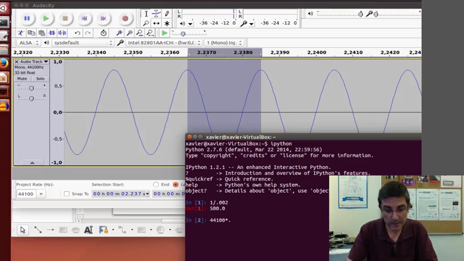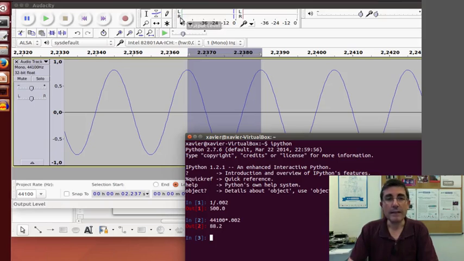So we multiply it by 0.002, and it gives me 88.2, which is the number of samples of a period. Of course, it should be an integer number, so I guess it's going to be 88 samples in one period.